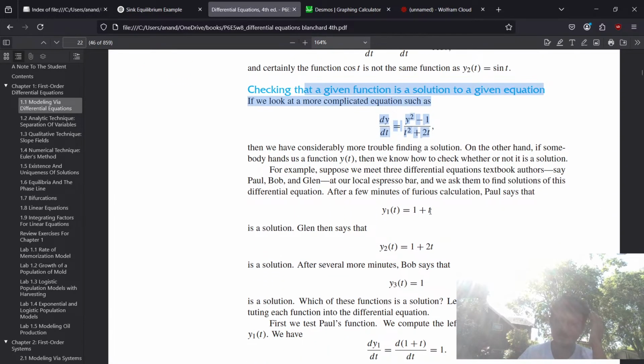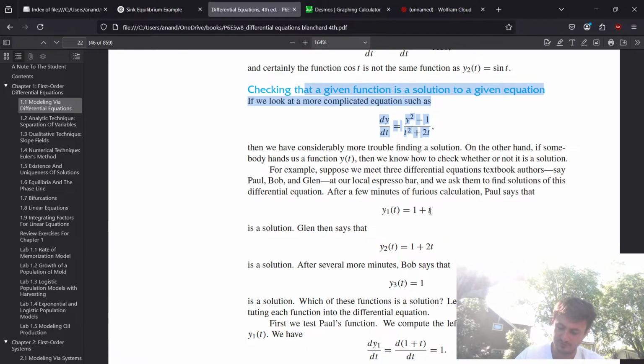Okay, then they do another example. Example 2: let's say we have y dot equal to y squared minus 1 over t squared plus 2t, and someone gives us a candidate y1 of t equal to 1 plus t.